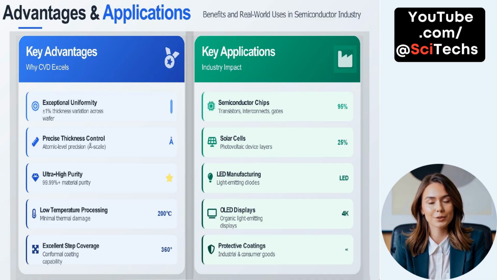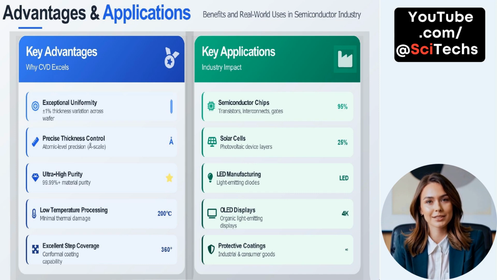CVD also offers precise thickness control, down to atomic scale resolution, enabling nanometer scale engineering for advanced nodes. Another major advantage is ultra-high purity. CVD processes routinely achieve material purities exceeding 99.99%, which is essential for minimizing defects and improving reliability.